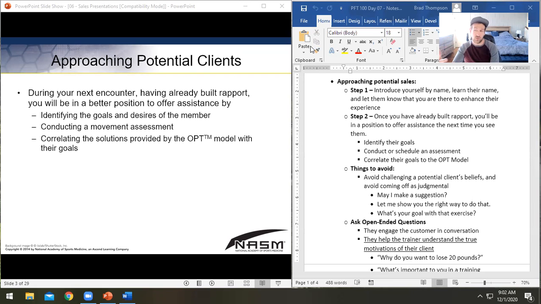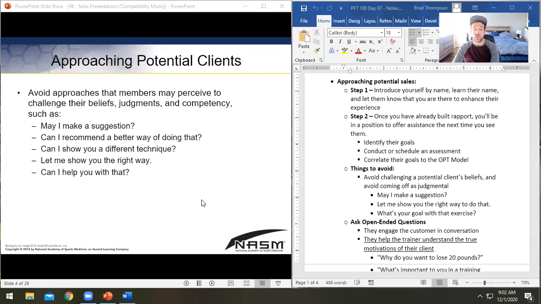And that's really what we're approaching here. So that's how we approach those first two meetings, right? Your first one is really just an introduction, and your second one is once you've established a little bit of rapport, you can dive a little bit deeper into what their goals might be, setting up an assessment, and talking about what exercises might be effective for them.